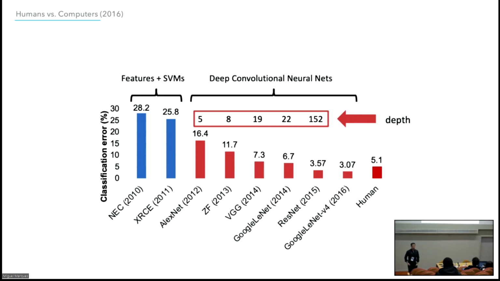Where did things change in a radical sense? There was some human volunteer. Let's say that he was a volunteer. No, I'm kidding. And his performance in this data set, I'm not sure how many hours he spent doing this, had this 5.1% error. So until 2014, the human was still better than any machine learning algorithm.